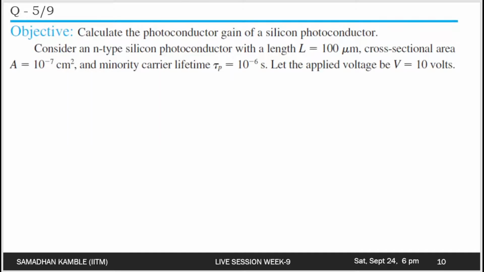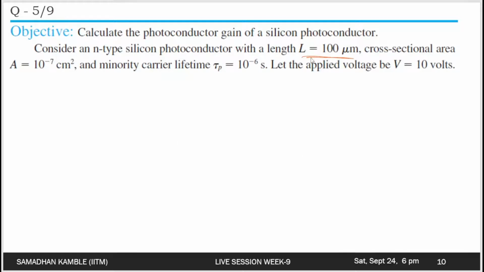Okay, so question number 5 is again a formula based question. I'll just read out the objective for you. Calculate the photoconductor gain of a silicon photoconductor. Consider an N-type silicon photodetector with a length of around 100 micron.